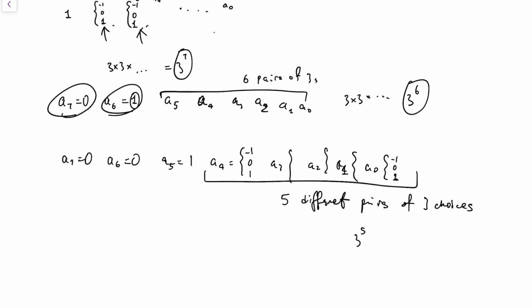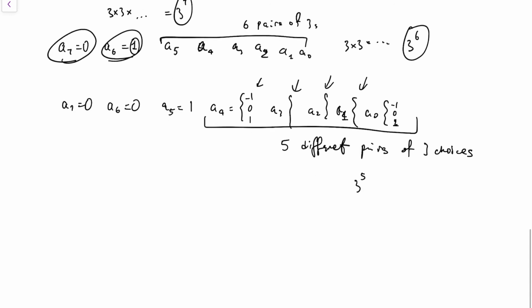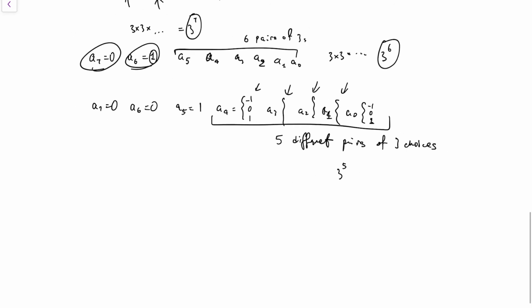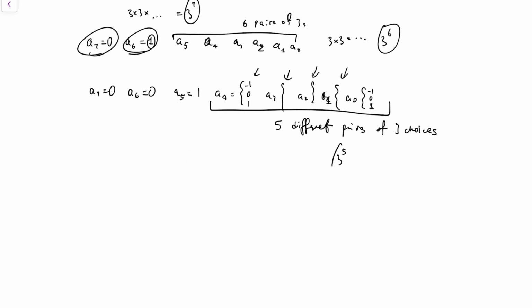So 3 to the power of 5, right? 3, 3, 3, 3. Each of them could have a different choice. So 3 to the power of 5, and then a7 equals 0, a6 equals 0, a5 equals 0, a4 equals 1, right? That's 3 to the power of 4.